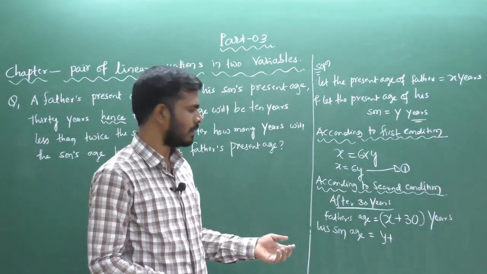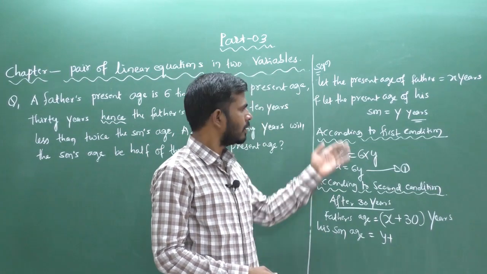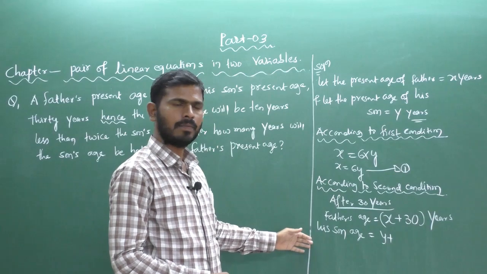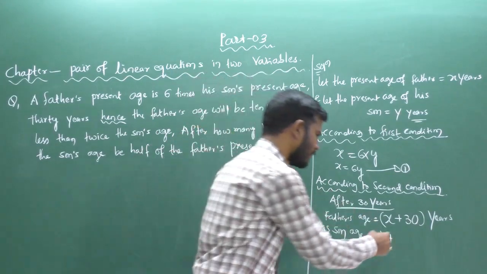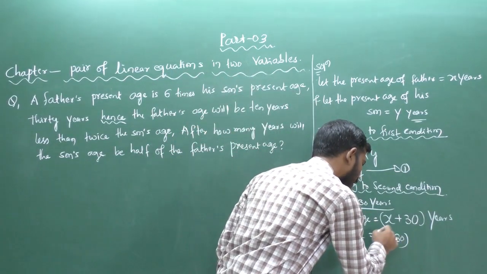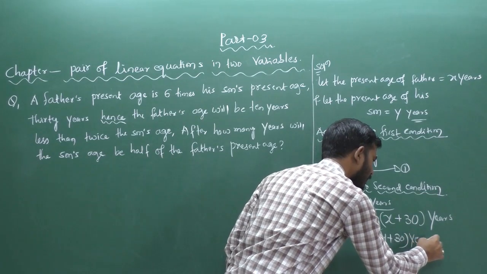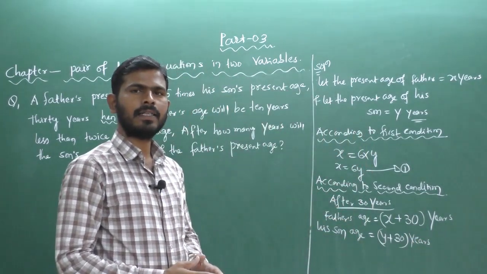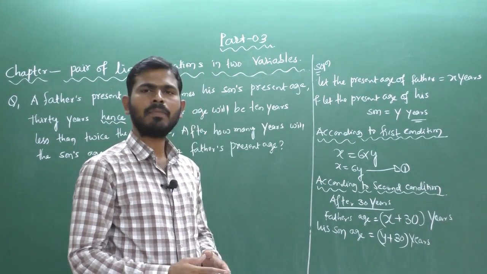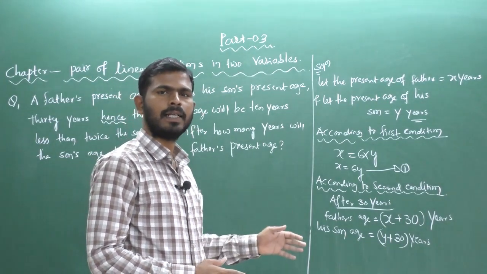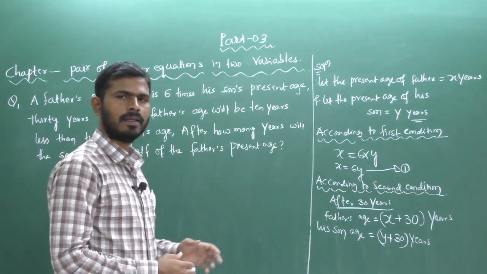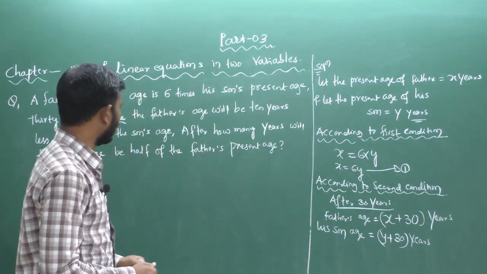So the son's present age is y years, and after 30 years it is the present age plus 30, that is y plus 30. x plus 30 is the father's age after 30 years, and y plus 30 is the son's age after 30 years. Now we have to construct the equation according to the condition.